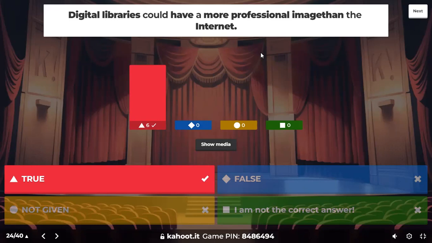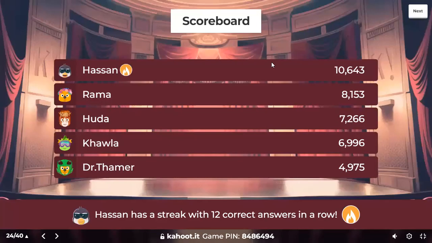Here we're talking about the display on the screen. I think digital libraries will be high resolution, and we have them nowadays. That was only a prediction. Okay, cool. Excellent.